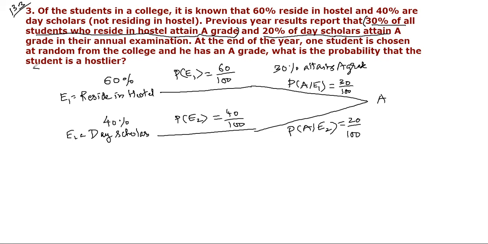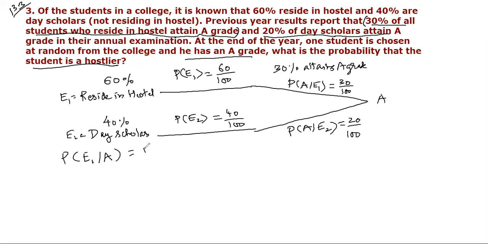Probability that the student is from a hostel, a hosteler. He is a hosteler and he attains grade A. So one of the students is selected and he got grade A. We have to find out that he is from hostel. So E1 is hostel, so E1/A.